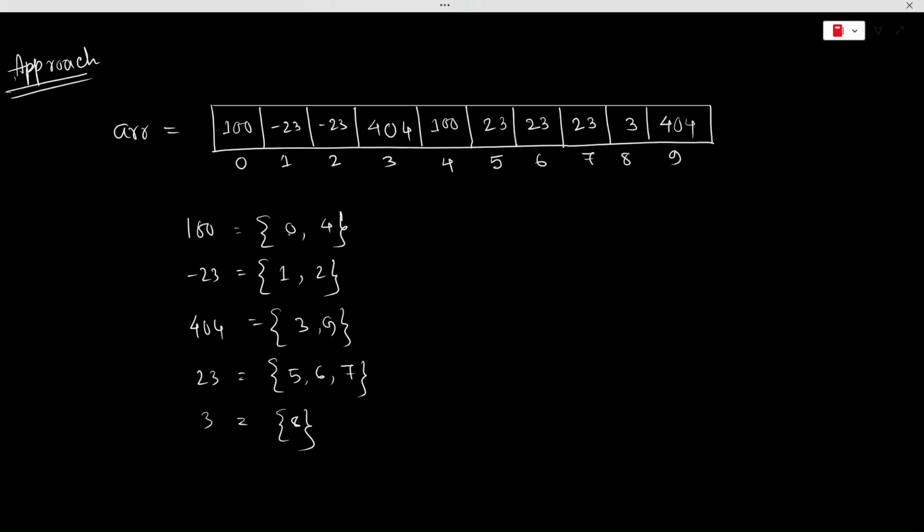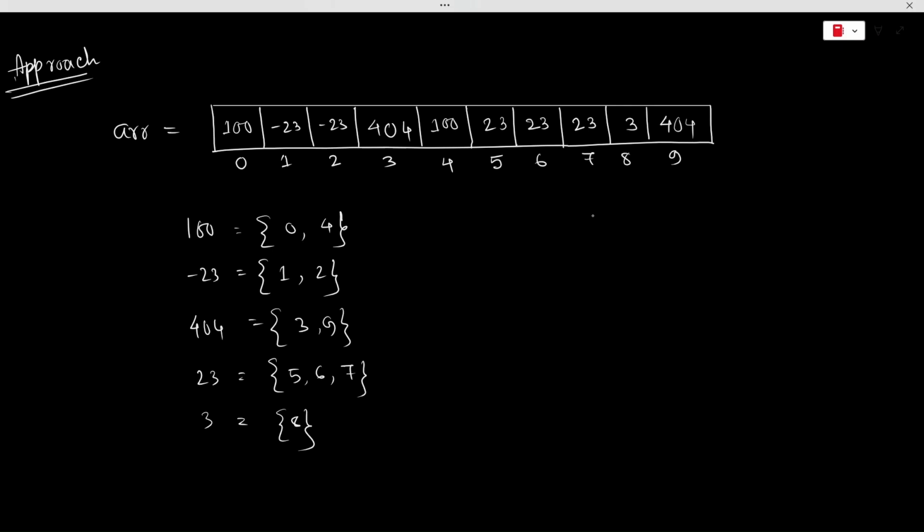Now we know which indexes are connected to each other. Now we can do a simple BFS and check the minimum jump we need to take to go to the last index from the zeroth index.